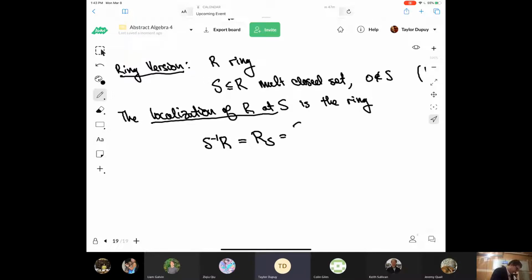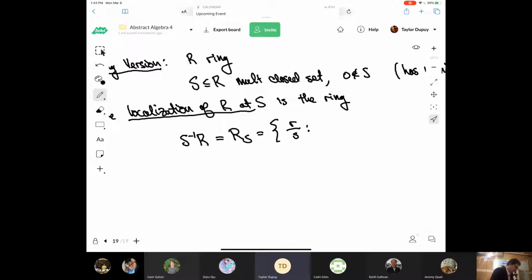So this is the set of r over s, where r is in R and s is in S. Okay, so these are two notations for the same thing.